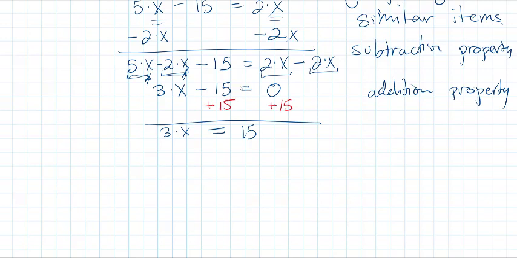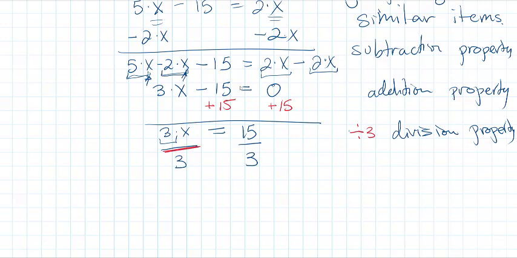And now, again, we have to use the inverse property to multiplying by 3. That would be division, right? We will divide by 3 and use the division property. So we write that out as a fraction here.